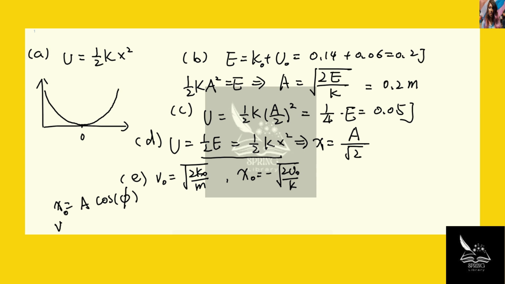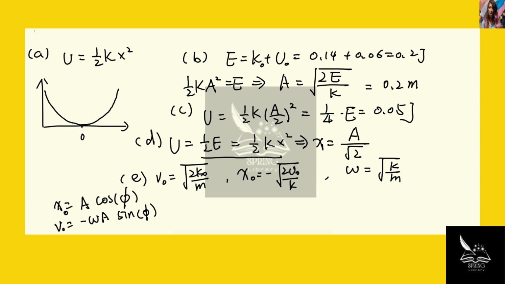And v similarly is equal to negative omega A sine phi, right? Also we know that the angular frequency is square root k over m. So we can replace this omega by square root k over m.